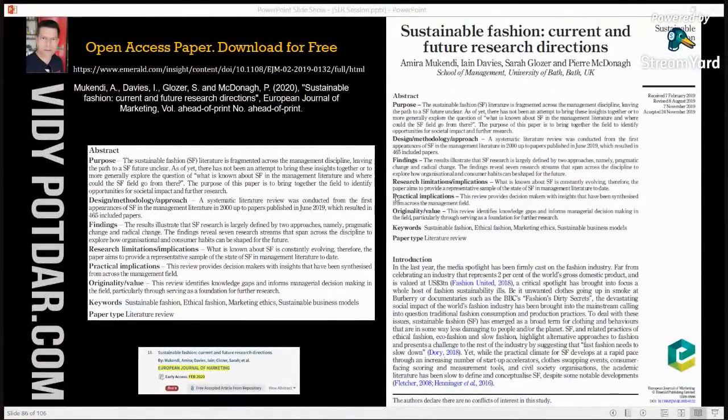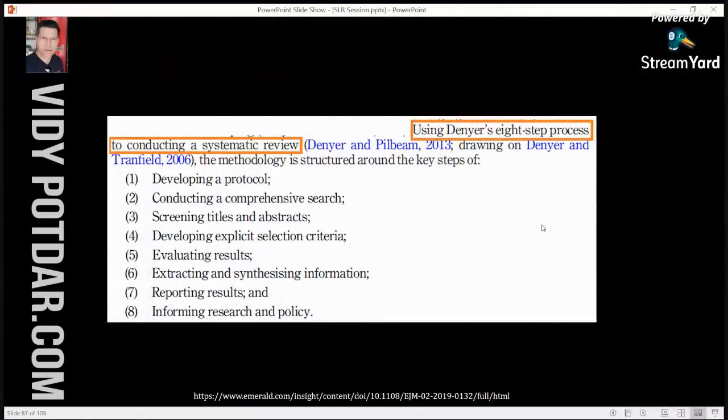Okay, so this paper is from the marketing area, and the topic is sustainable fashion. In this paper, they have used an approach given by Dainer and Pilbeam on conducting systematic review.